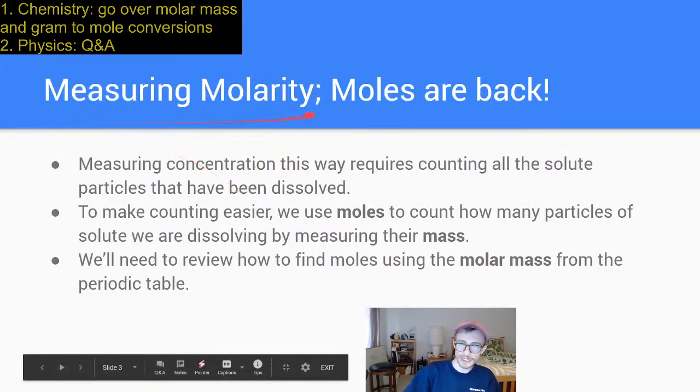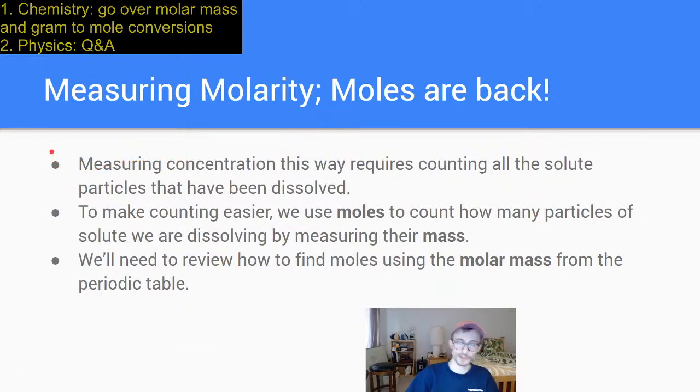So the way we measure molarity, well, guess what? Moles are back. Measuring concentration the way that we want to with molarity requires basically counting up all the solute particles that have been dissolved. Now, I don't just mean how many little grains of sugar you dissolved in your tea. I mean how many molecules of sucrose have actually been dissolved into the solution. There's no way we're actually going to be able to count that because there's way too many of them.